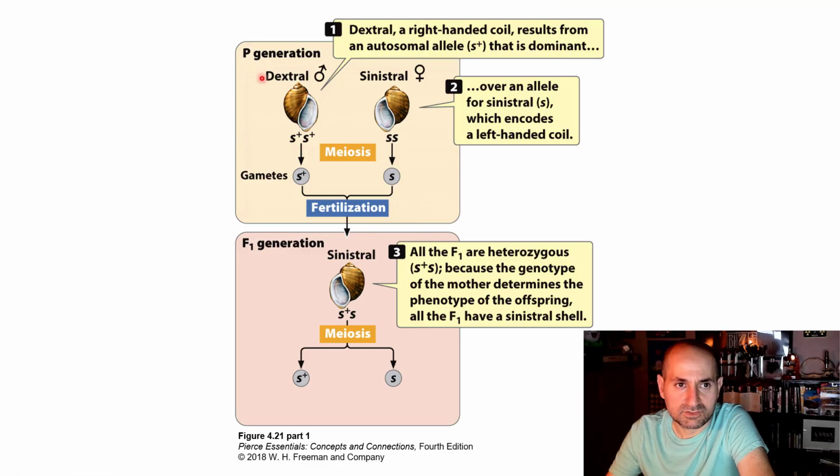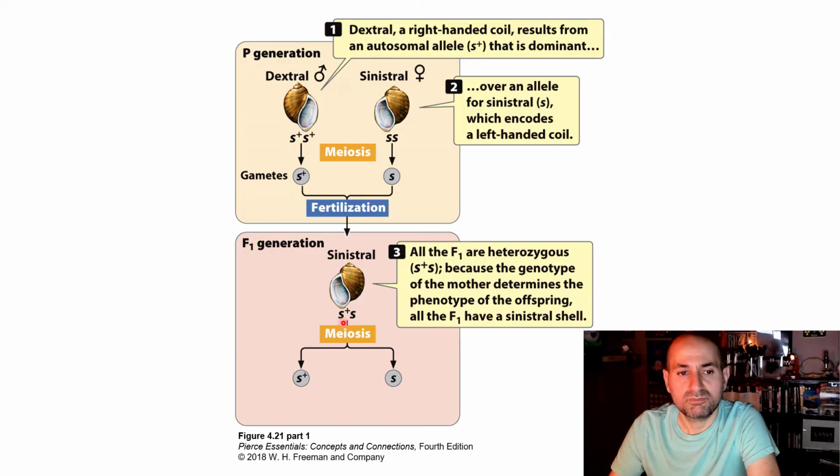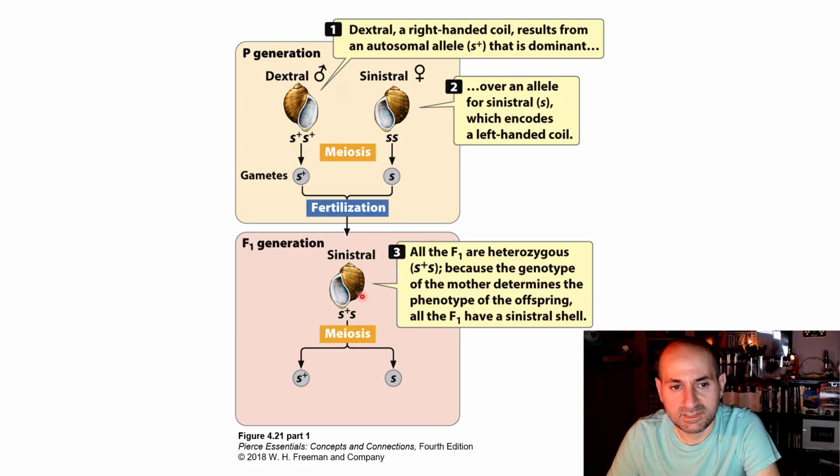Again, the dextral dominant father crossed with the sinistral recessive mother gives you heterozygotes that should be dextral if you're looking at it genetically, but are actually sinistral if you're factoring in maternal effect. Now, what's the next step? Self-fertilization, which means that this snail will have to mate with its own genotype, so it can make gametes with S+ or s.